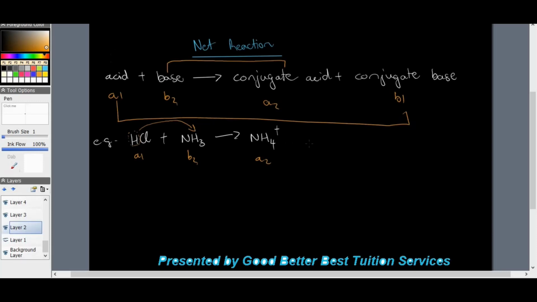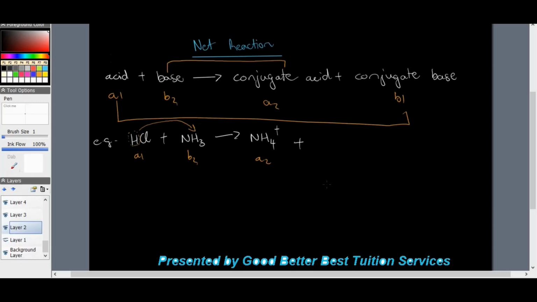And now I need to find out what B1 is. B1 is the conjugate base, and a conjugate base is from an acid. As I shared a couple slides back, it is the molecule or ion that remains after the proton has been donated by the acid.